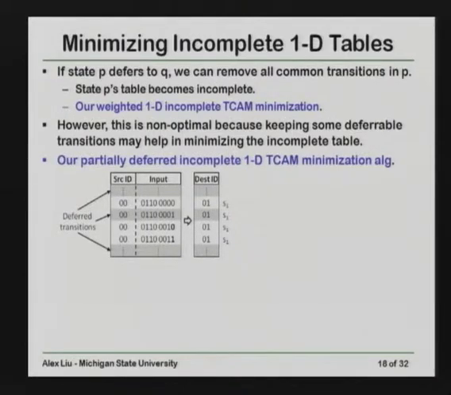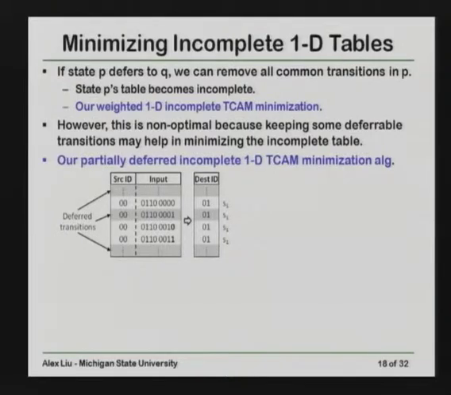After running that algorithm we can delete the last rule. However, this is actually non-optimal, because if you keep some deferrable transitions, that you don't defer, they can help in minimizing the incomplete table. So we have a partially deferred incomplete 1D table minimization algorithm.